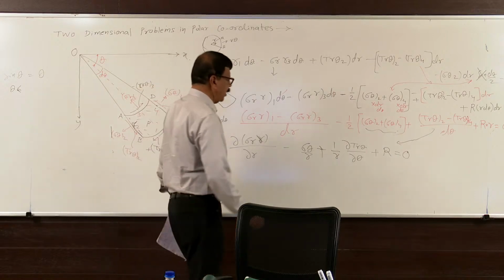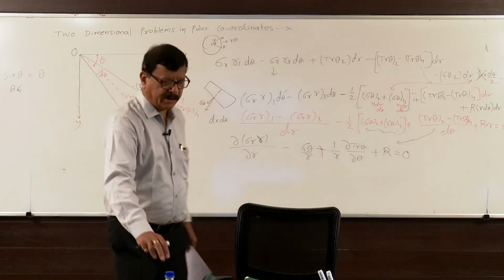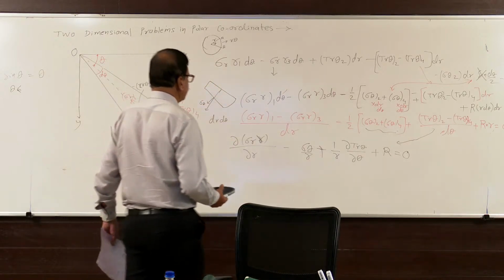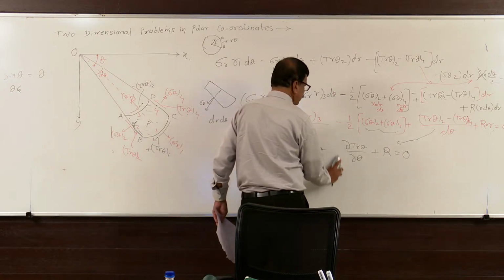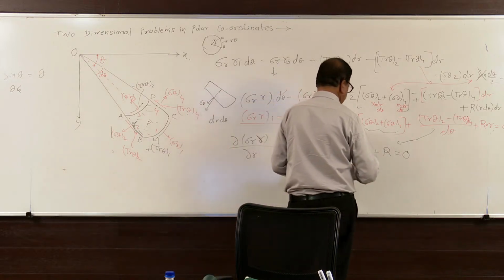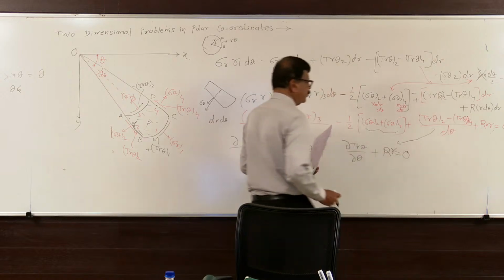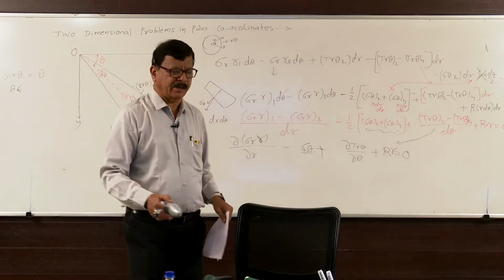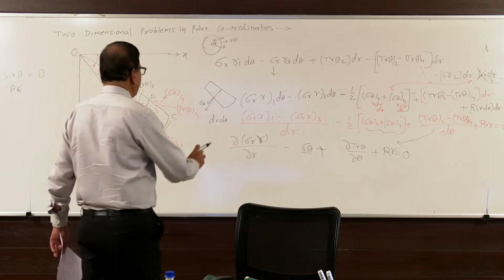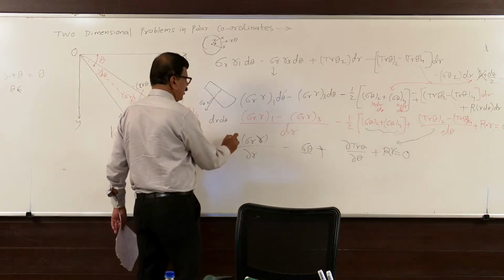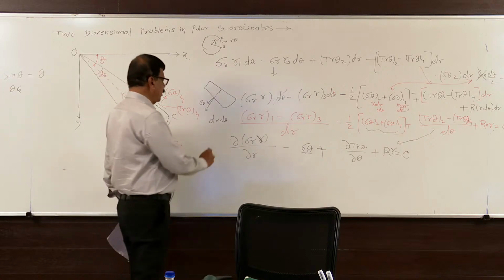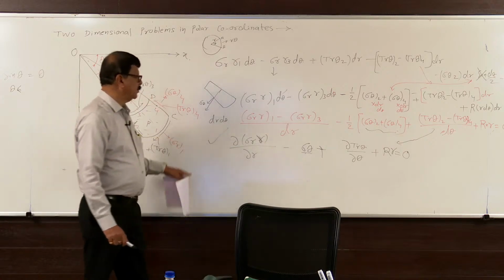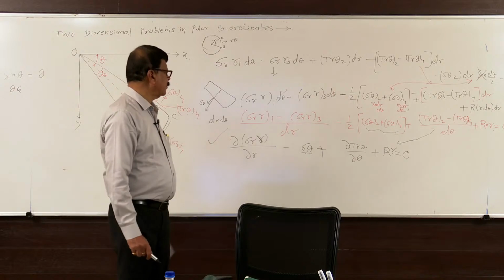In the next step we will divide by r. You please correct, sir. We'll divide by dr next time, in the next step. You write down this is the correct. You make the correction.